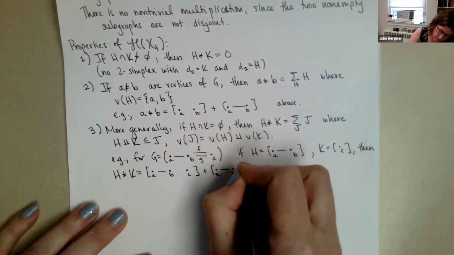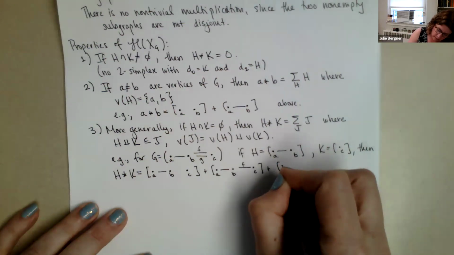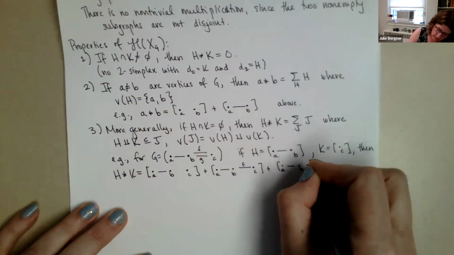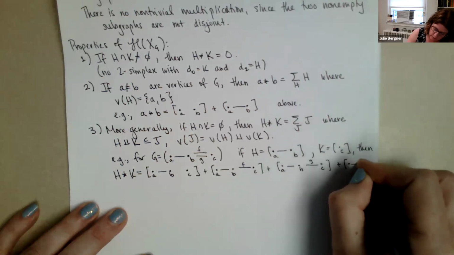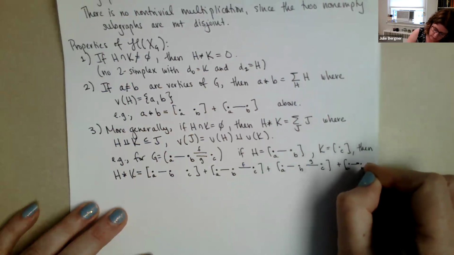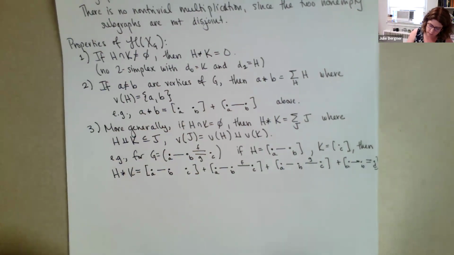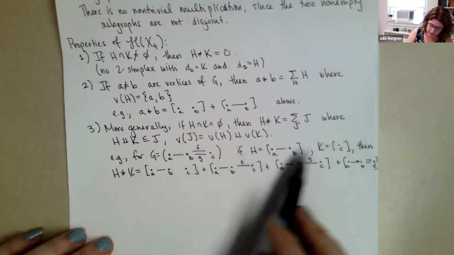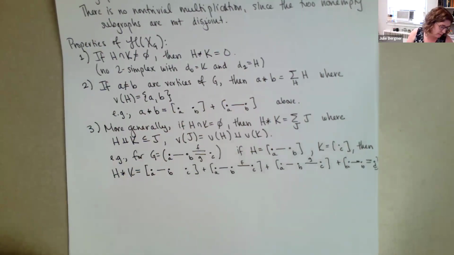So I could put in just the edge F, I could put in just the edge G, or I could do the whole subgraph. So these are all the possibilities of adding various combinations of these edges connecting H and K.